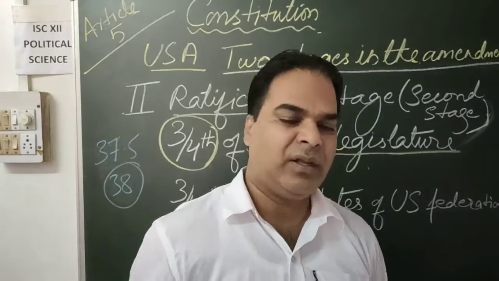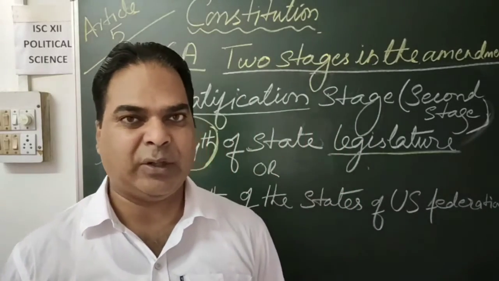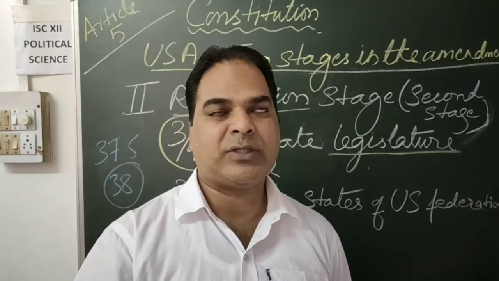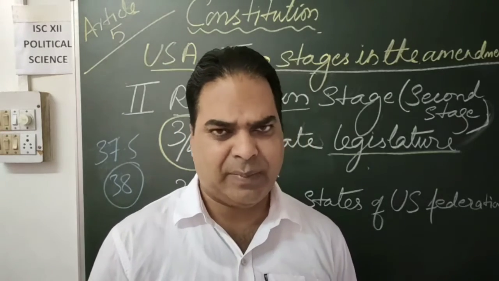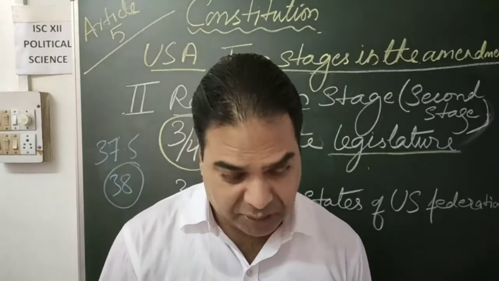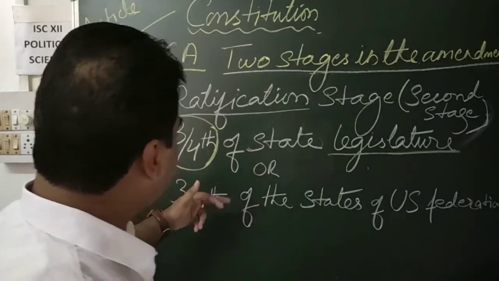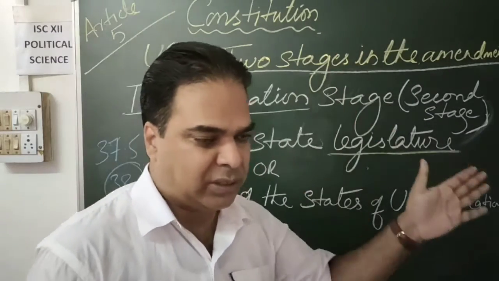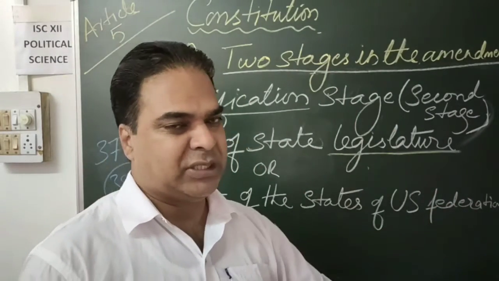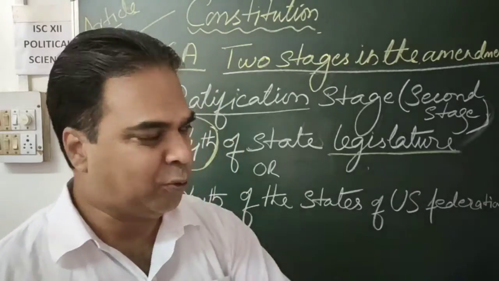This is a very rigid process. The first one was all about a flexible amendment, a flexible constitution, an unwritten constitution, and this one is very rigid. First is the proposal stage, then if it clears the first stage, it has to go to the second stage.